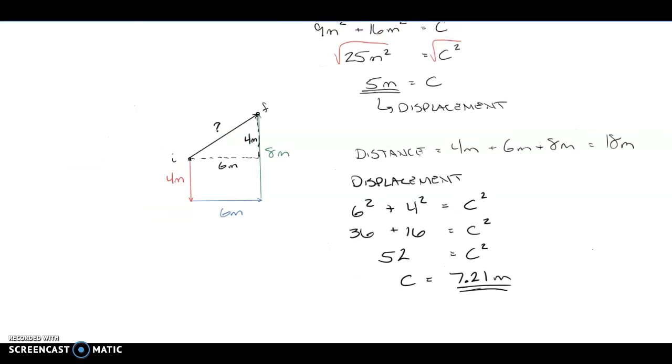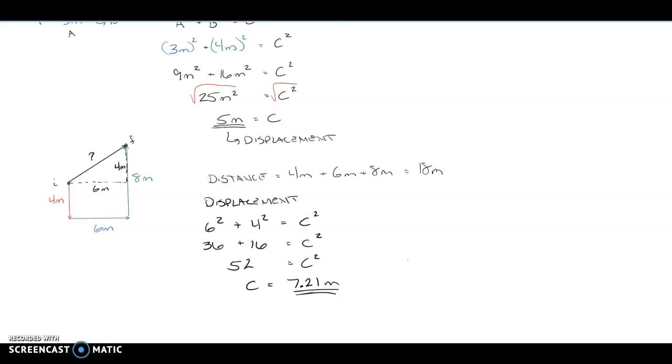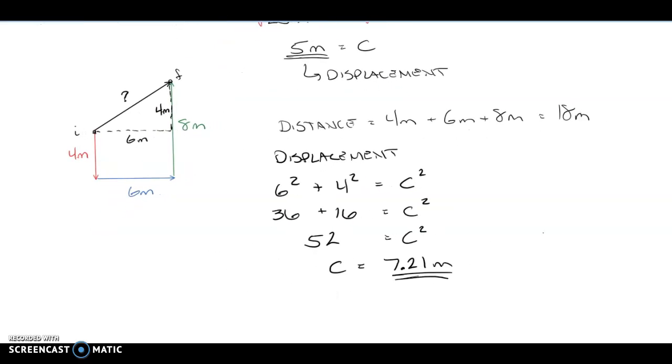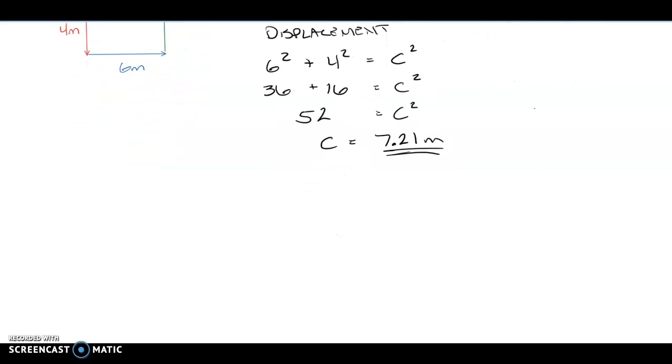All right, so we can add up all these different motions and determine our total displacement using the Pythagorean theorem. Now, the last example I want to show you is when we maybe go in a circular path. So what if I start here and I'm following a circular path and I finish right here?